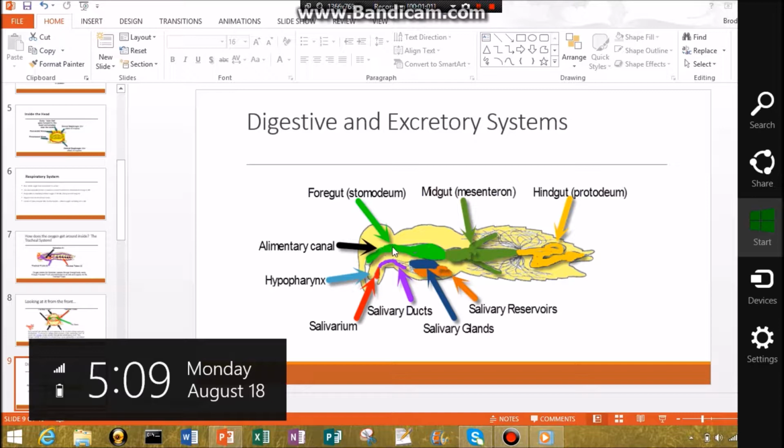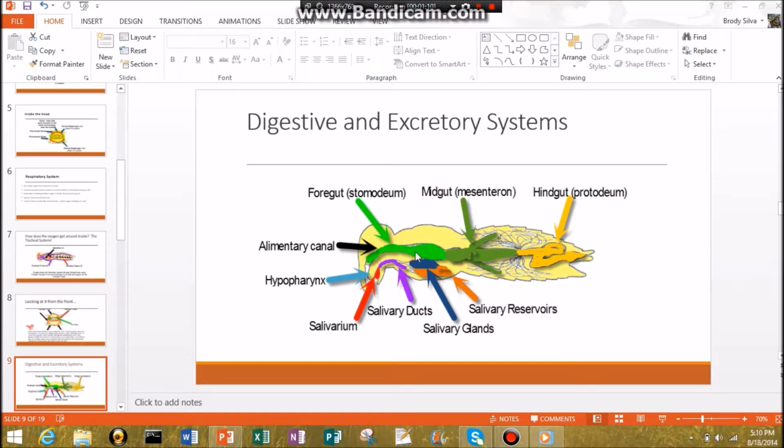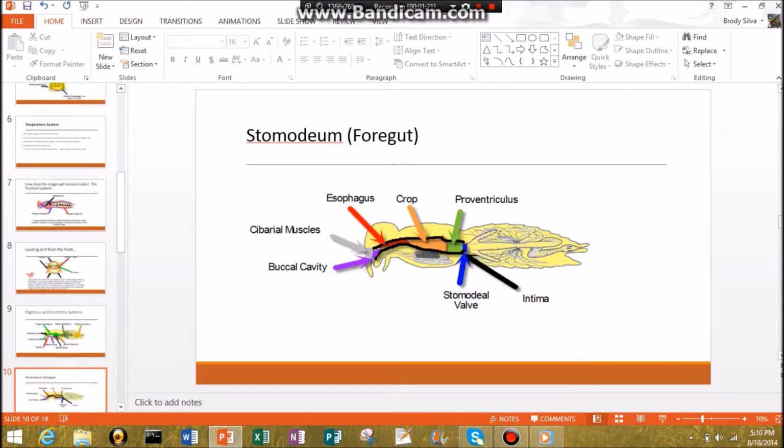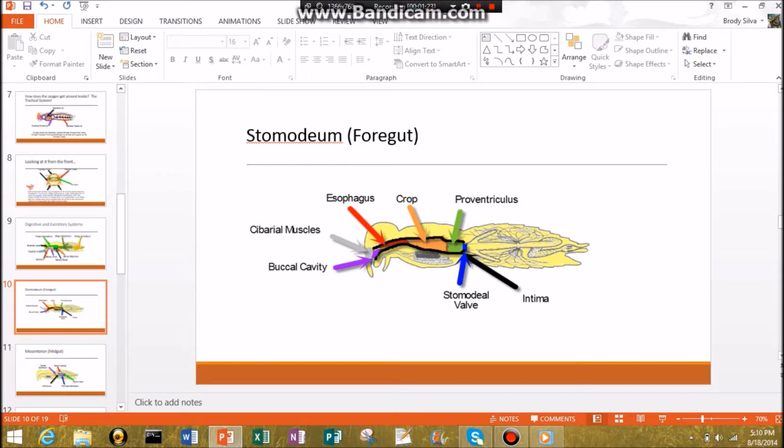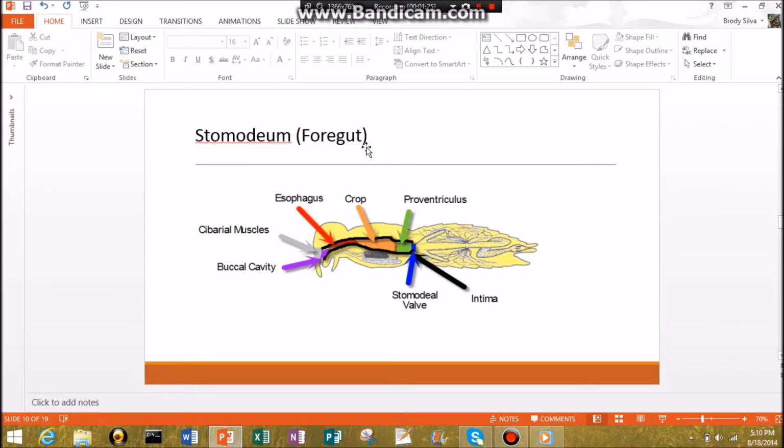Here's the alimentary canal, which is sort of like the esophagus. Then we have three parts: the foregut, also known scientifically as the stomodeum; the midgut, also known as the mesenteron; and the hindgut, which is the proctodeum. Here we have the stomodeum, the foregut.